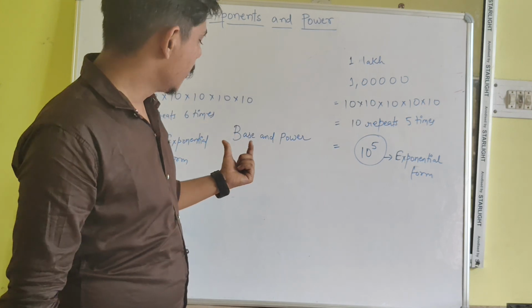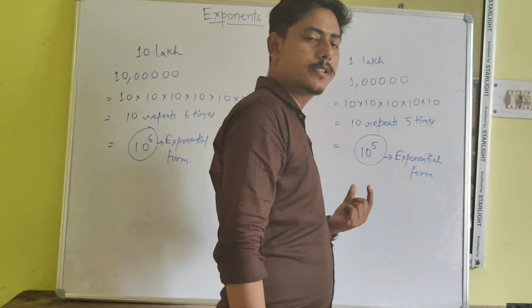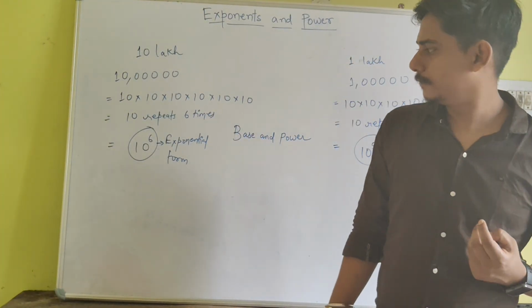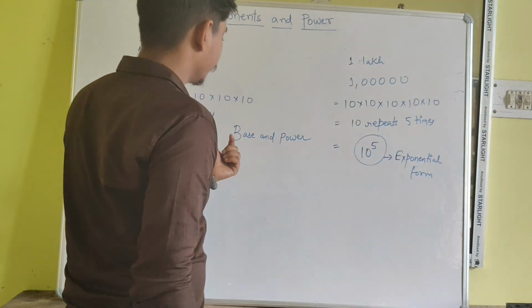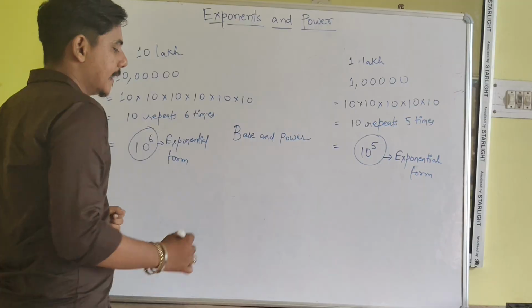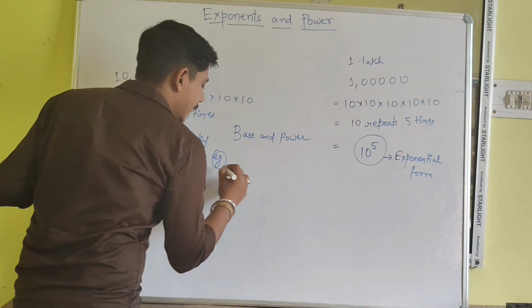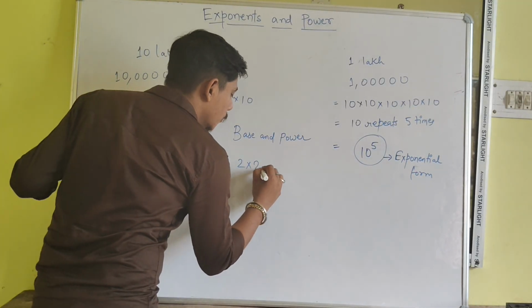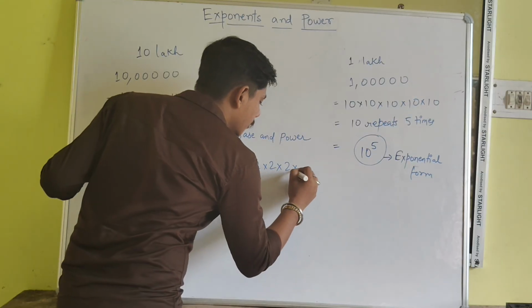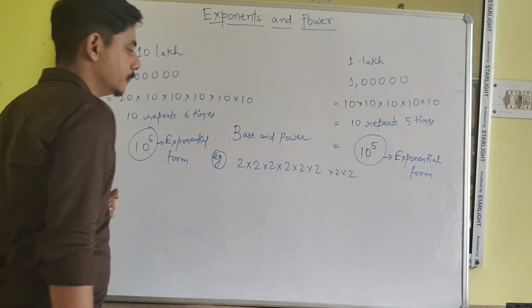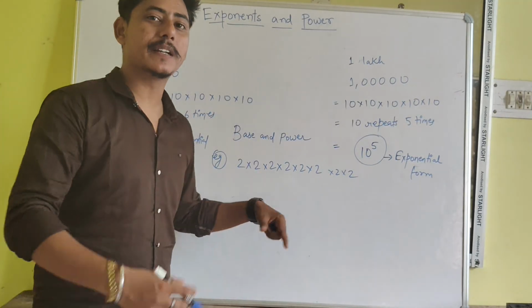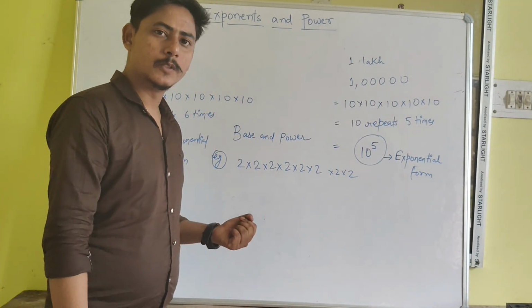Rahul, are you already familiar with the words base and power? No? Okay, good. Listen. What is base? Let's take an example. If we multiply 2 into 2 into 2 into 2 into 2 into 2 into 2, what is the repeated number we have? 2.